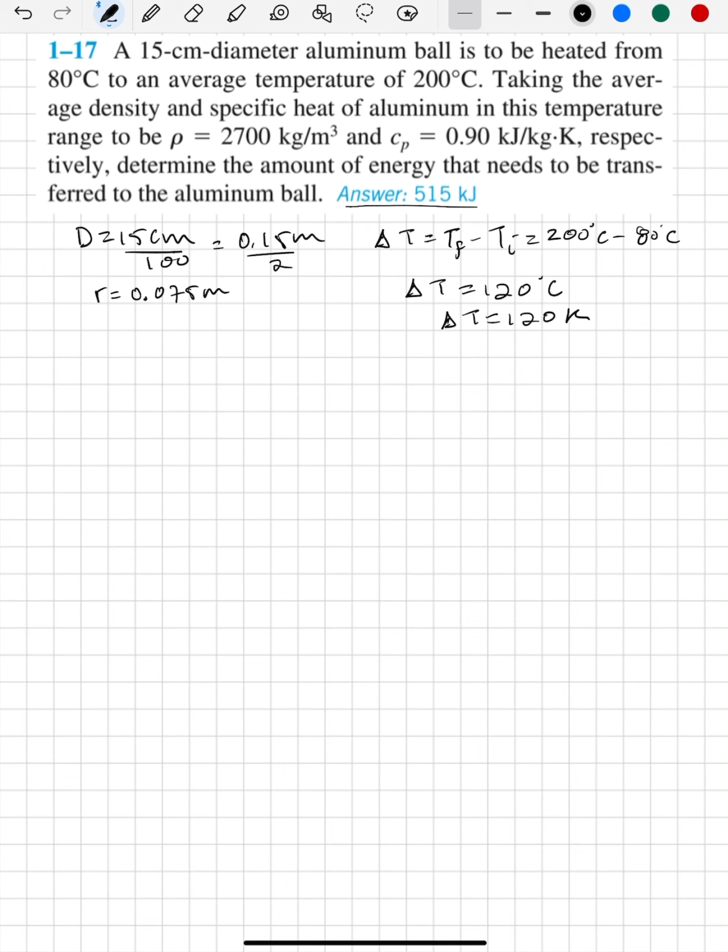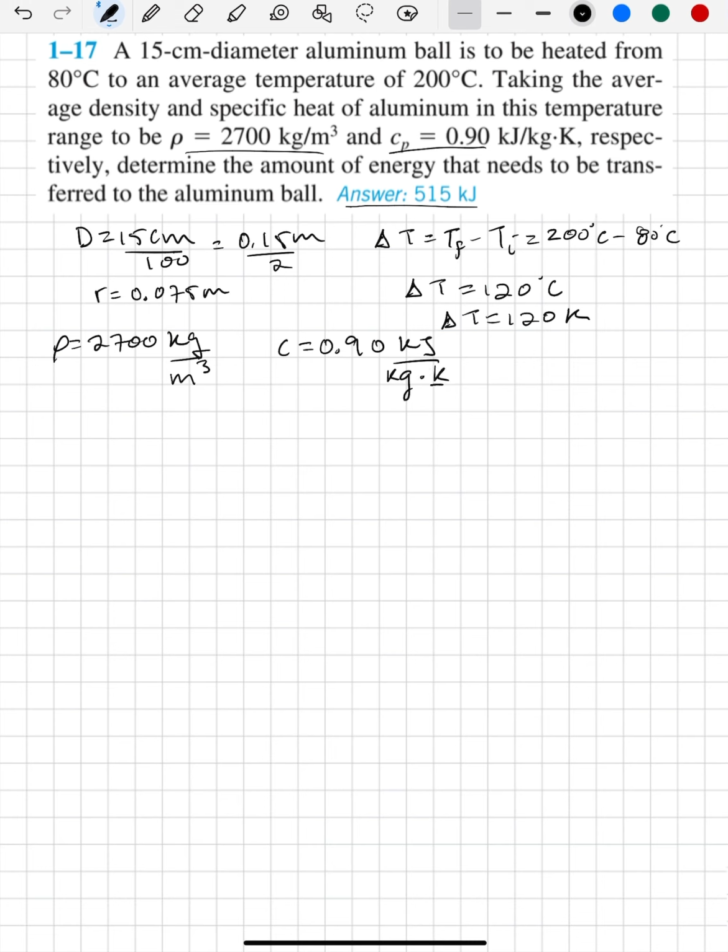Another thing that we're given is that the density is 2700 kilograms per meter cubed. And also the specific heat is equal to 0.90 kilojoules divided by kilograms times kelvins.